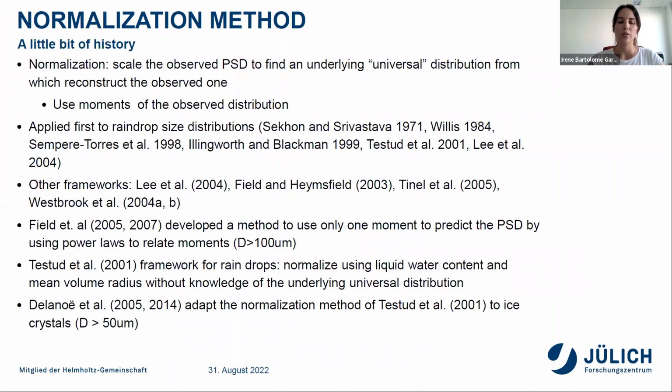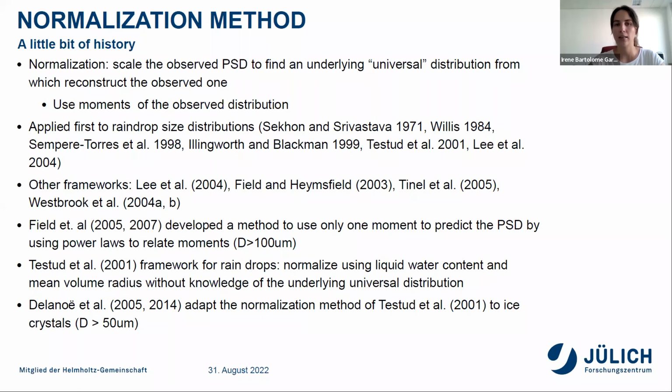For that, first, I need to introduce the way this parametrization was obtained. And this is by using the so-called normalization method that consists basically in scaling the observed PSD to find an underlying universal distribution. And using this universal distribution, it's possible to reconstruct the observed one.